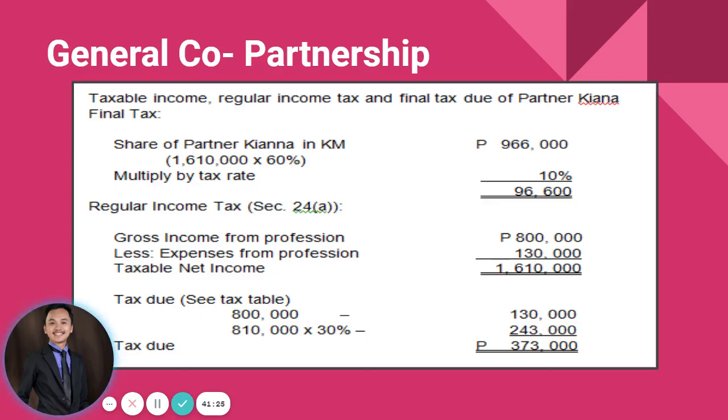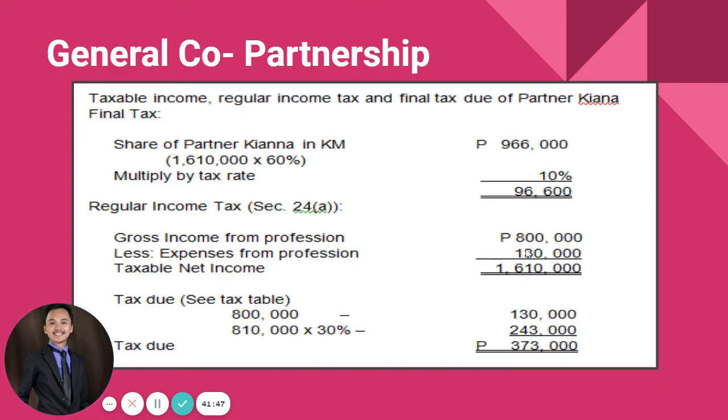Okay? Now, speaking of regular income tax, Kiana also has a practice of profession aside from her general co-partnership. So again, guys, that income of Kiana from practice of profession is also subject to tax.